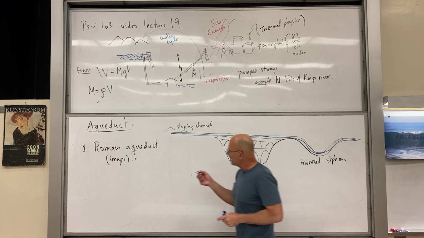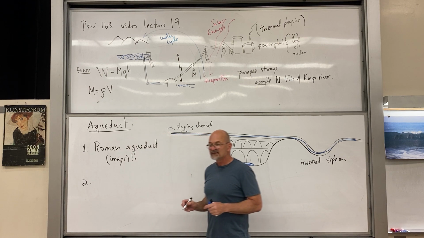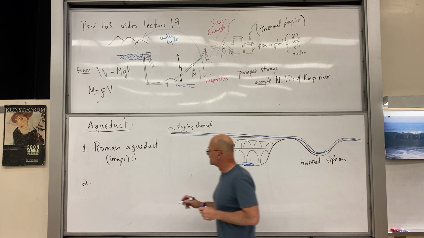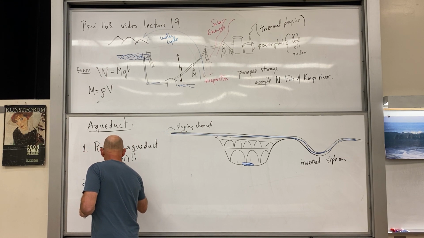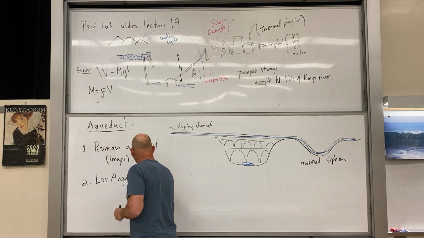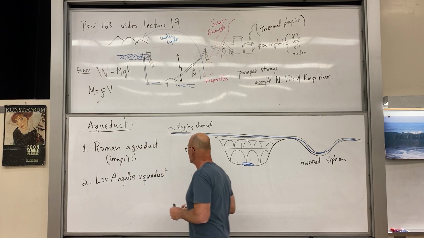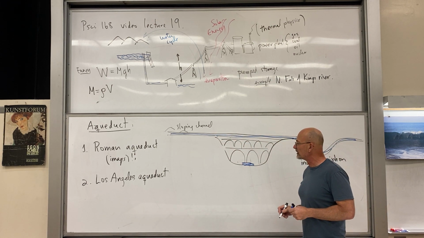So that's a couple thousand years old. The next thing we want to look into is the Los Angeles Aqueduct. Okay. So the Los Angeles Aqueduct, that was built around 1908 to 1913 or so.